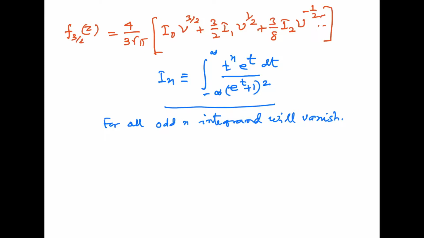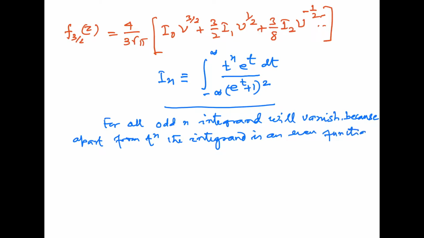So for all odd n, the integral will vanish because apart from t to the power n, the integrand is an even function of t. So we examine this for even n.